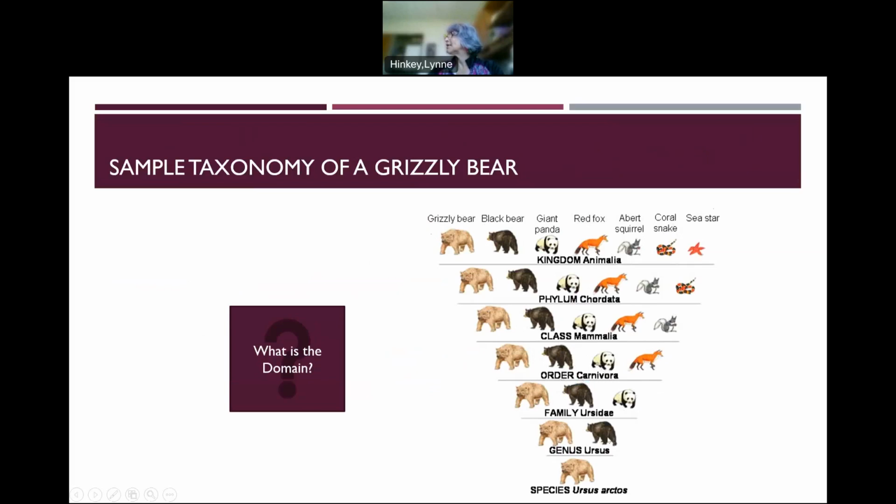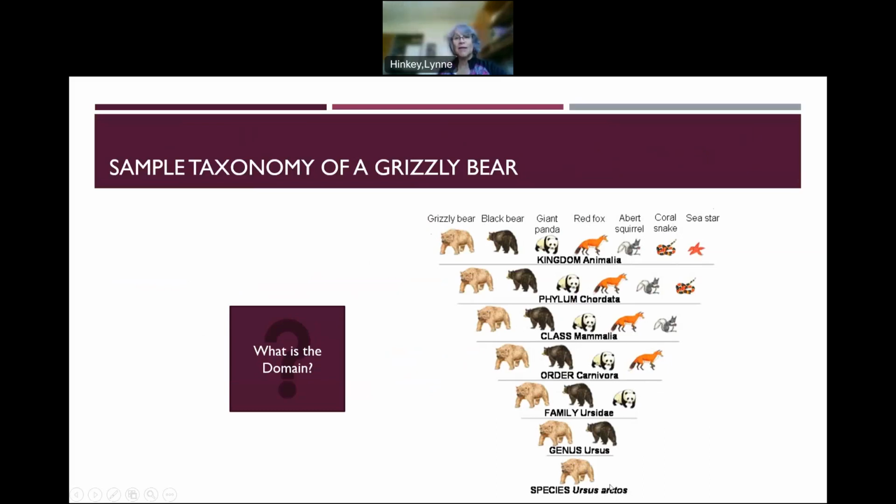And then we get to genus Ursus. The polar bears, black bears, grizzly bears are all in the genus Ursus, but panda bears are not. And then if I want to specifically identify the grizzly bear, Ursus arctos. I can't just say arctos, because that's just a common name. I could use that same species name, say I'm looking at a fox that lives in the Arctic, to name a fox.